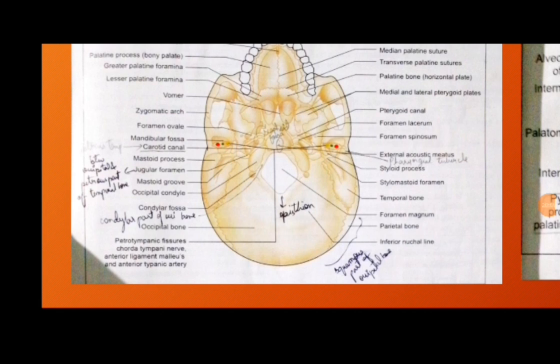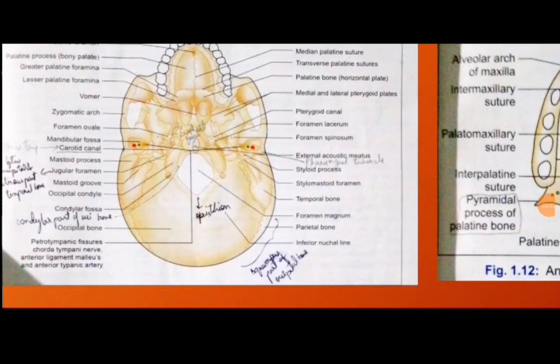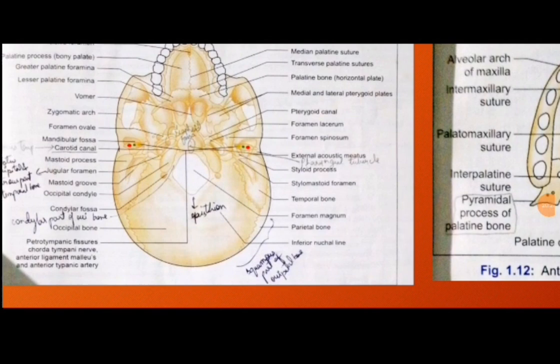The jugular foramen is situated between the occipital bone and the petrous part of the temporal bone. Then below the condylar fossa I have written condylar part of occipital bone. Then this is opisthion. In the foramen magnum the posterior most point is opisthion.